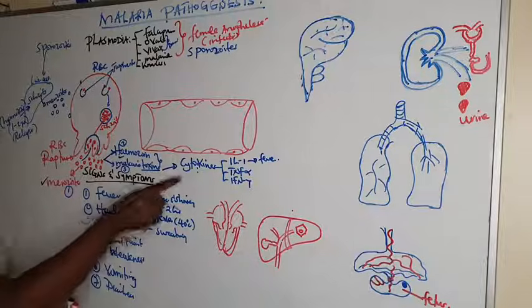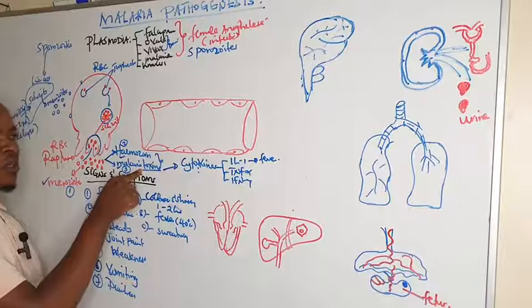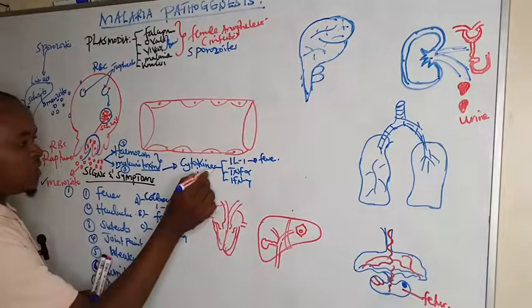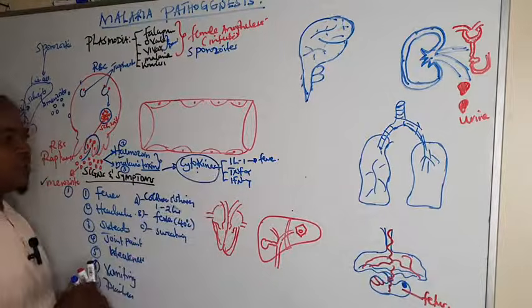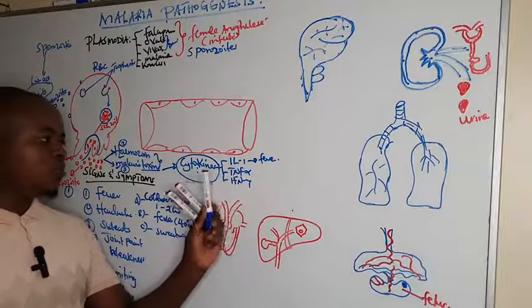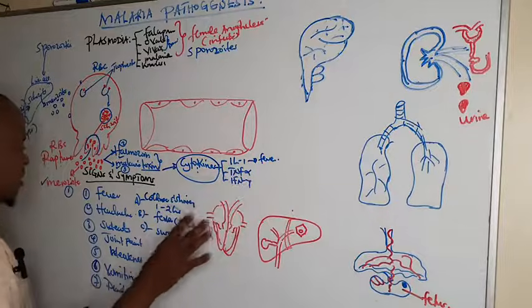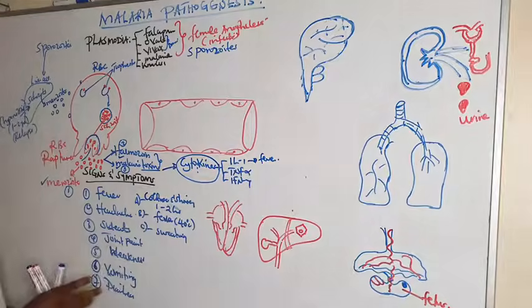So we are seeing the malaria toxins and the hemozoin triggering the immune system to release the cytokines. And these cytokines we have seen, interleukin-1, the tumor necrosis factor alpha, and the interferon gamma, triggering all these symptoms.